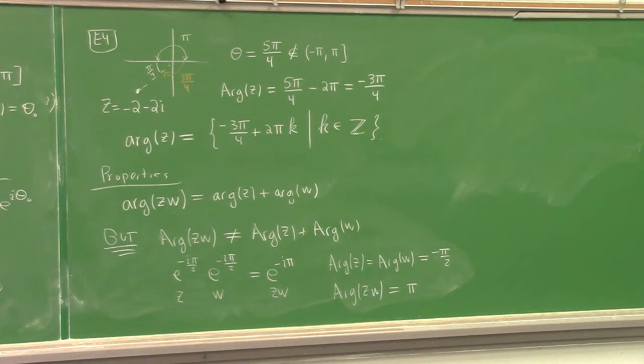Definition: let z be not 0 and n be a positive integer, then the nth root of z is equal to the nth root of the length of z times e to the i arg of z over n.